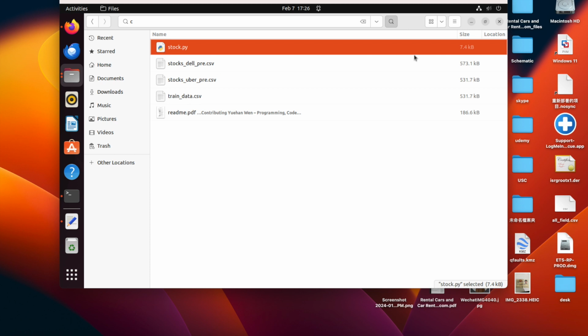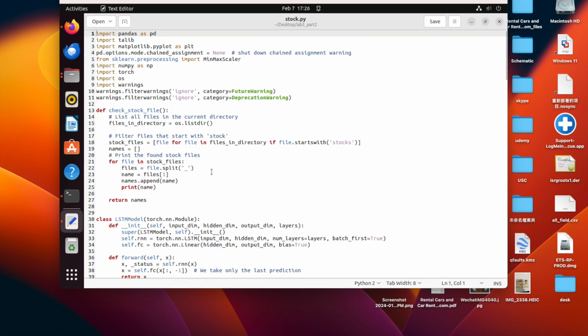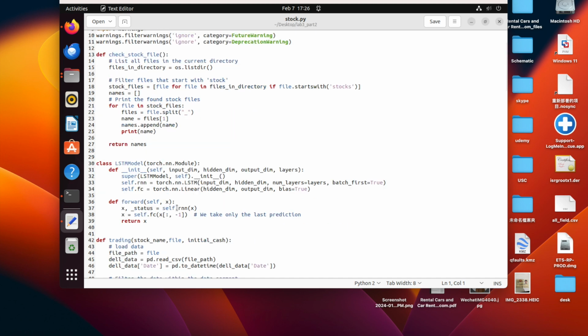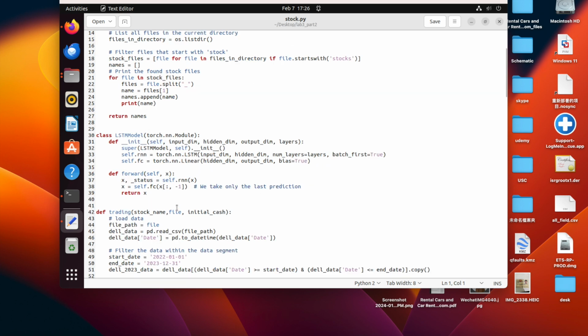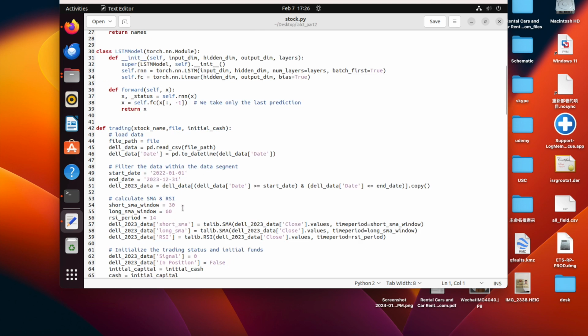Okay, so let's go back to the terminal and the coding. You can see we will use the LSTM model that we trained previously, and we will design a trading strategy function to decide when we sell and when we buy stock.